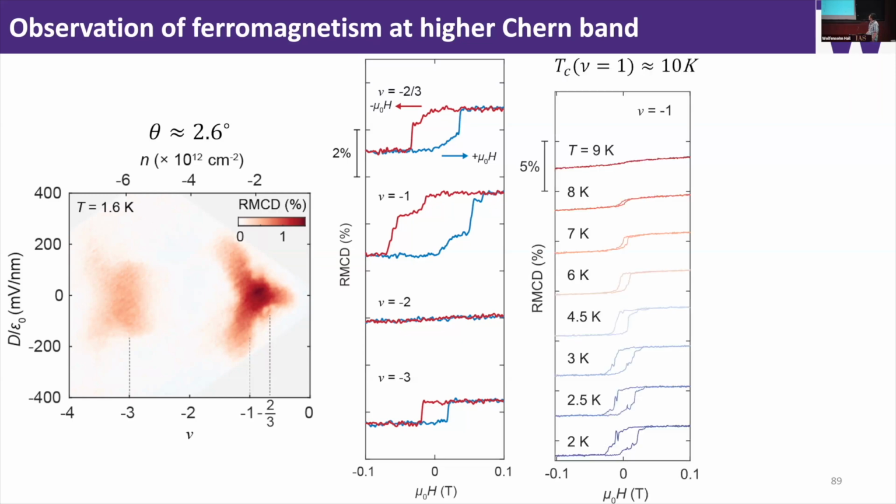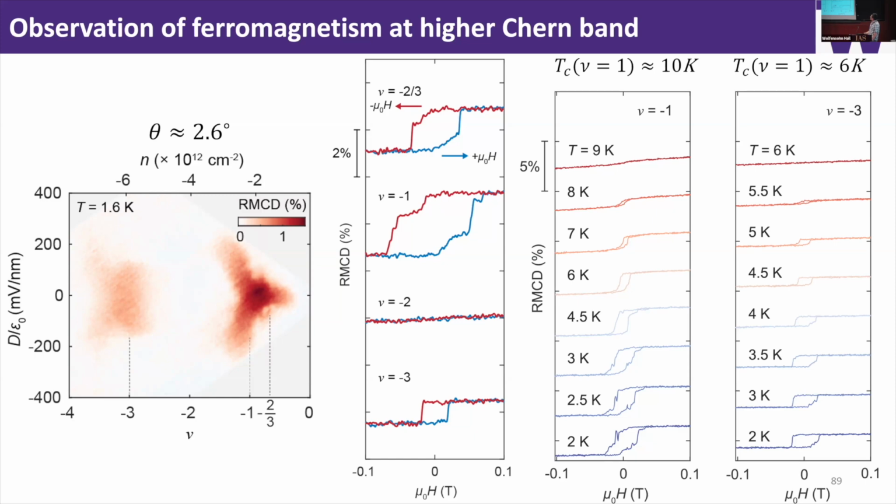So we can compare the Curie temperature for this particular sample at twist angle 2.6 degrees. We measure the MCD signal as a function of temperature, increasing from 2 Kelvin at the bottom all the way to 9 Kelvin at the top. This suggests that the Curie temperature for filling factor -1 is about 9 to 10 Kelvin for this 2.6 degree sample. Then we look at the same measurements for filling factor -3, increasing temperature from 2 Kelvin to 6 Kelvin from bottom to top.